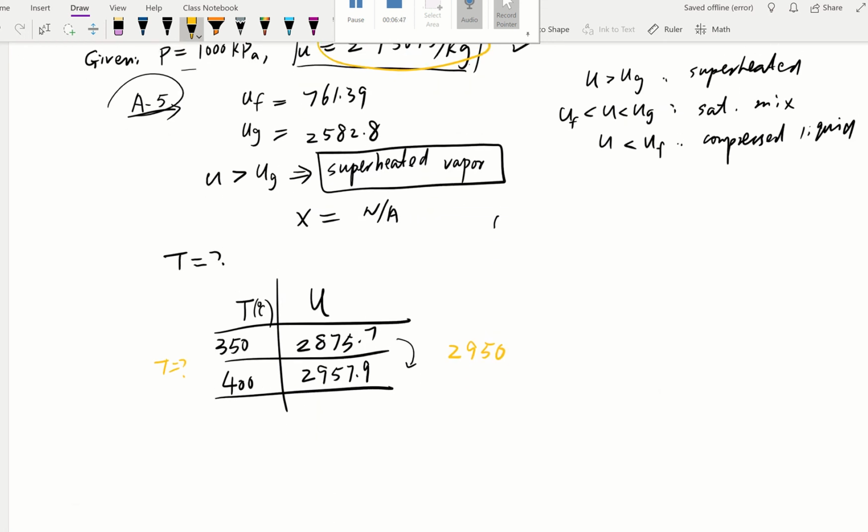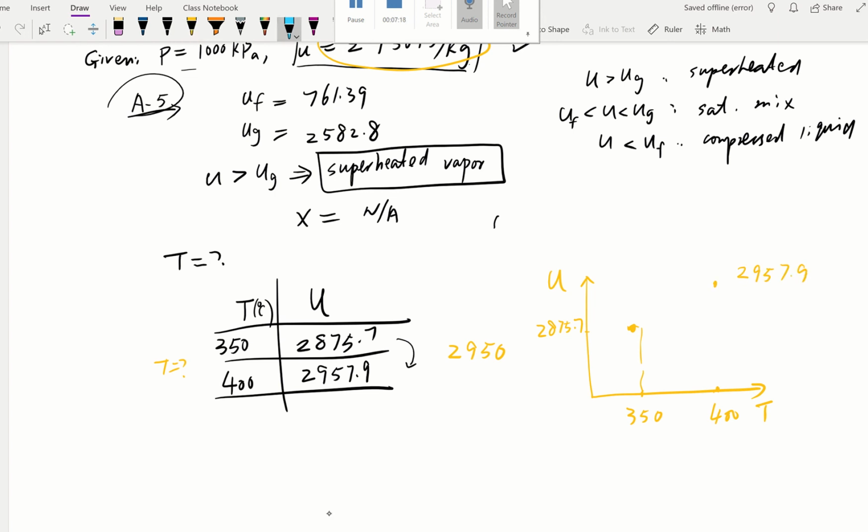So in order to do that, I will illustrate a linear interpolation concept. If we were using U and T for the Y and X axis, for 350 and 400, at 350 we have 2875.7. At 400 we have 2957.9.